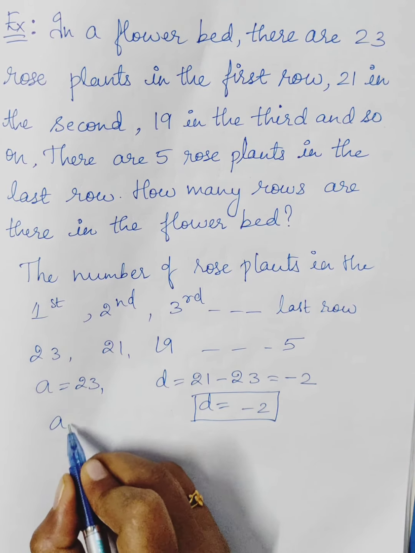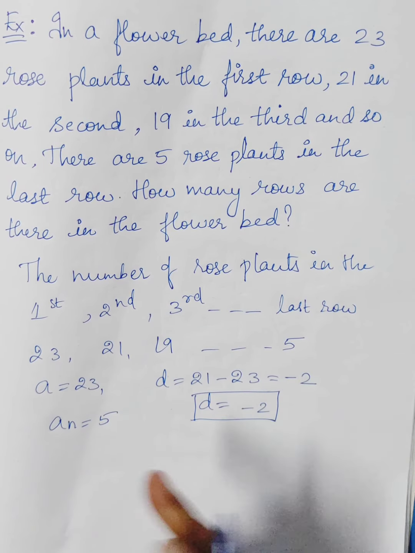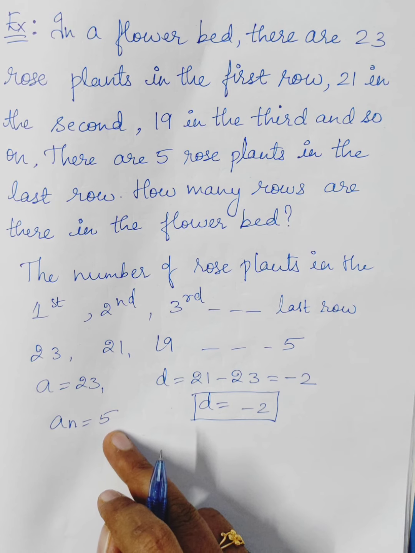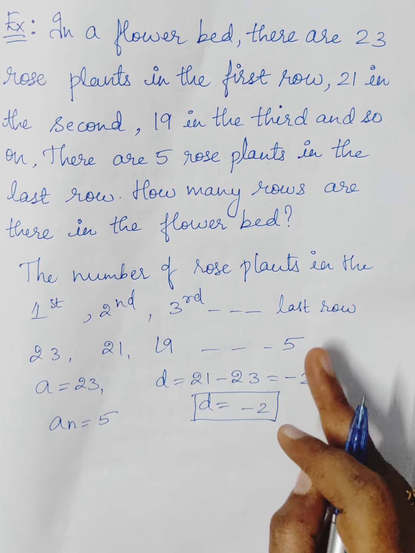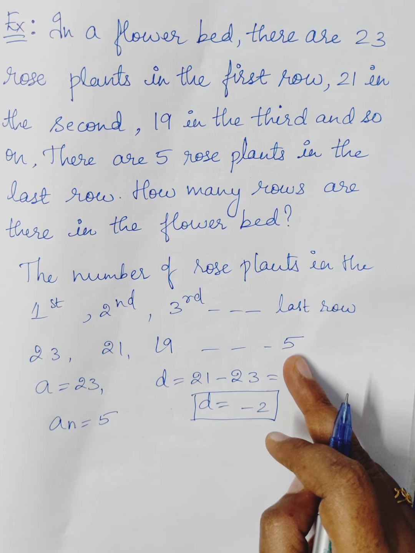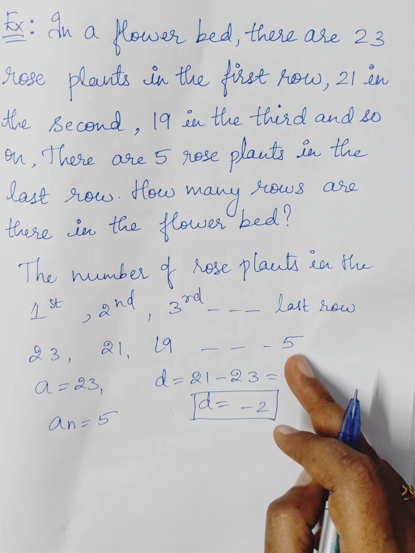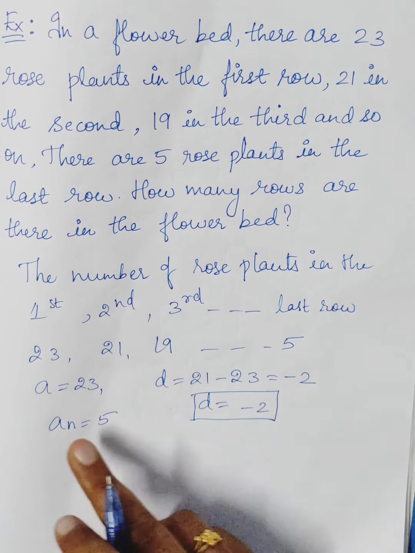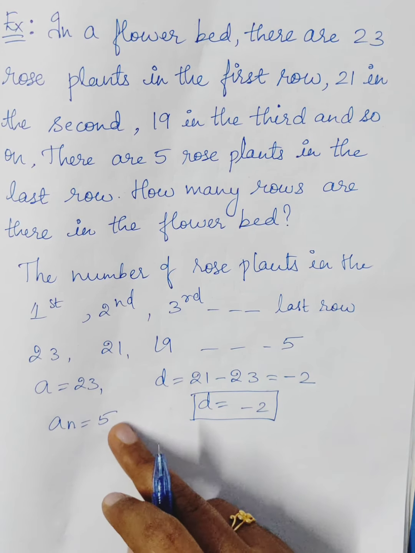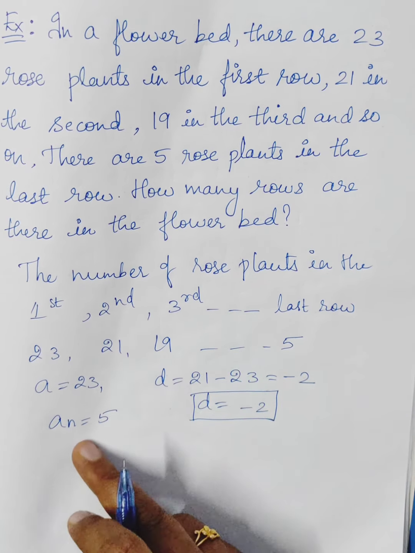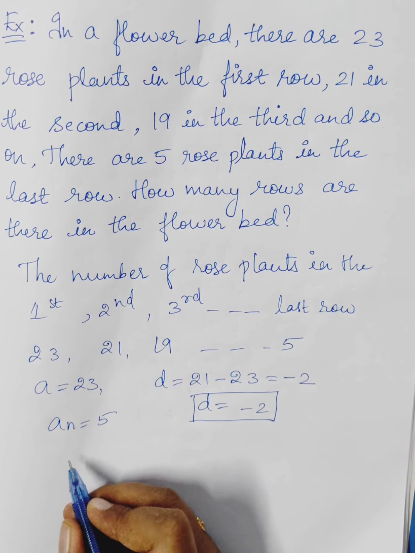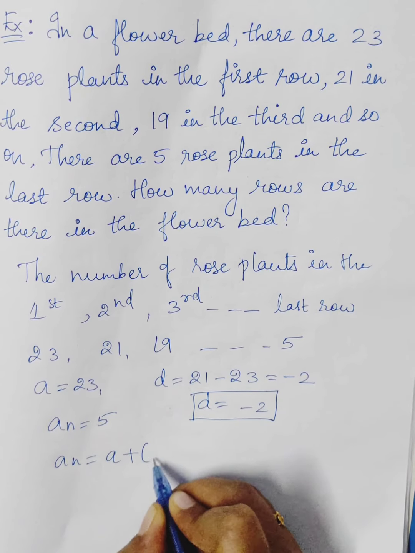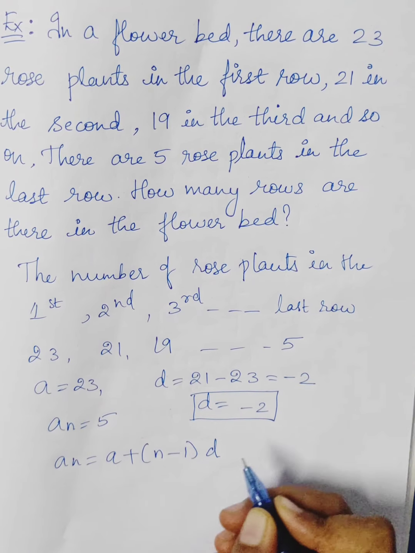Now An is equal to 5. Why? This is the last row. The number of plants is given, but how many rows there are, they have not given. So I am going to take An equal to 5, that is the last row is An. Next you need to write the formula An is equal to a plus n minus 1 into d.